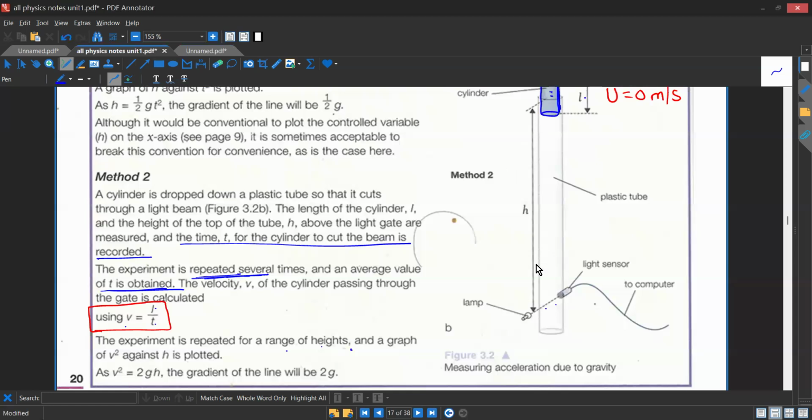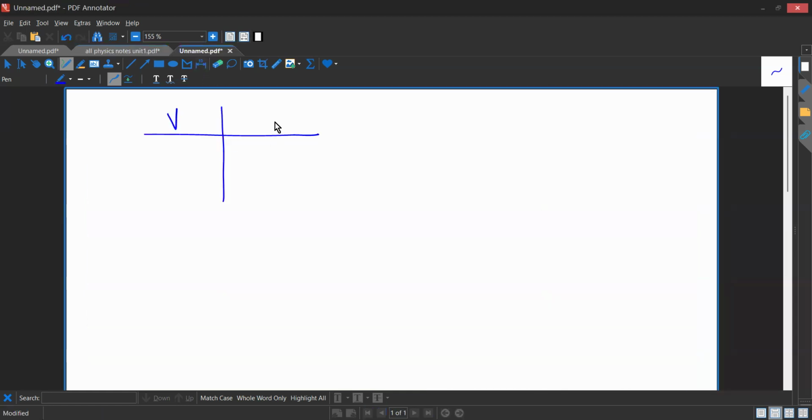Sometimes we use a tube and drop it from this height, then we use the same tube, maybe a longer one, and drop it from here. So we will measure this h1, and we will measure this h2.